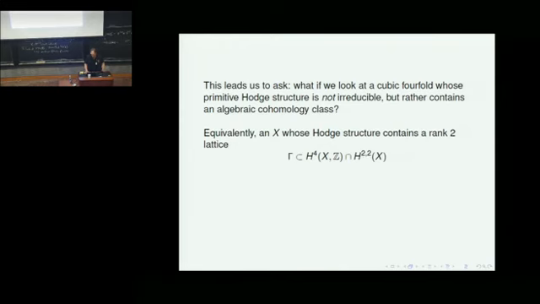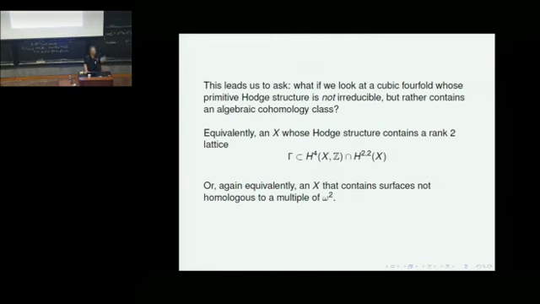So what we're looking for is exactly cubic fourfolds whose Hodge structure contains a rank 2 lattice of algebraic cohomology classes. Given that we do know the Hodge conjecture in this case, that's the same thing as saying that X does contain surfaces not homologous to a multiple of omega squared.